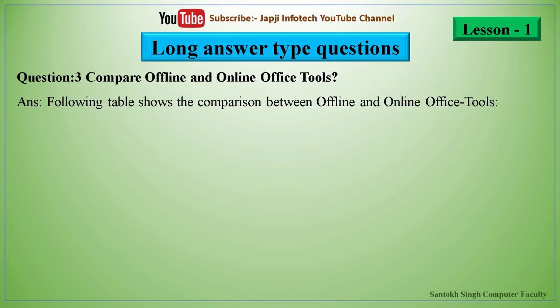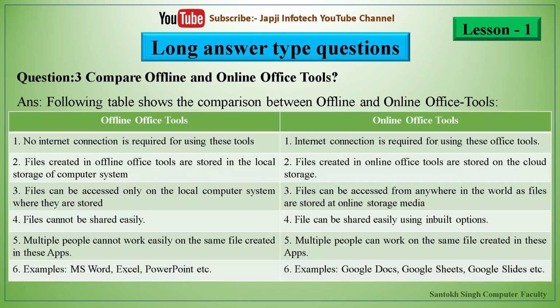So the following table shows the comparison between offline and online office tools. The first one is, in offline office tools, no internet connection is required for using these tools, whereas in online office tools, internet connection is required for using these office tools.